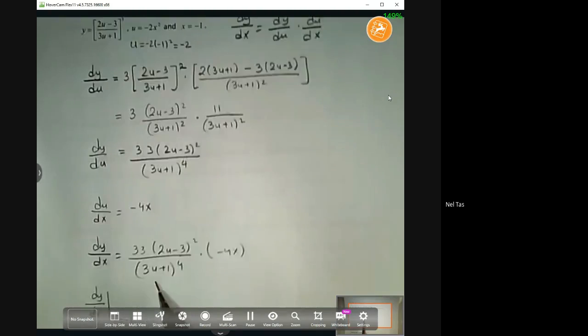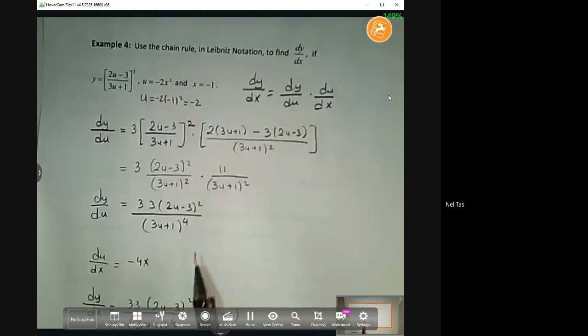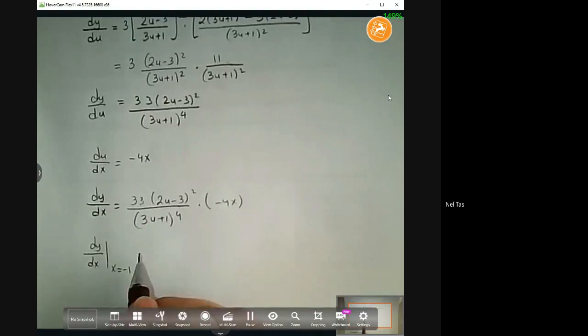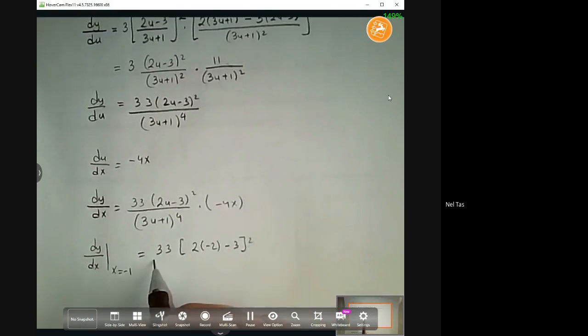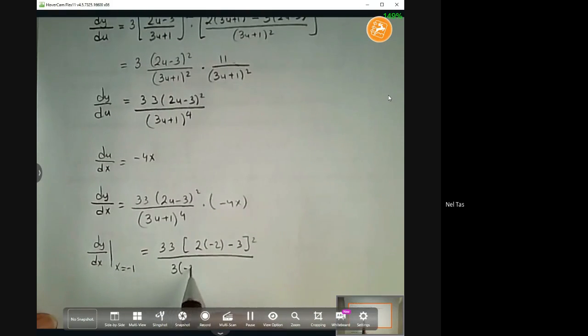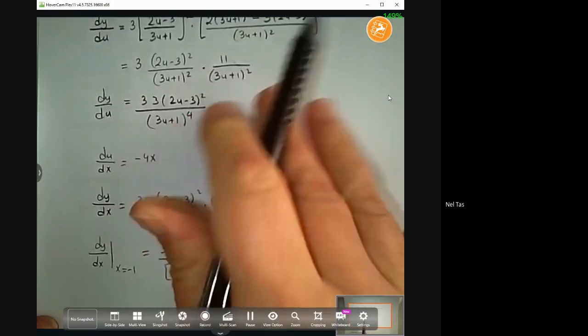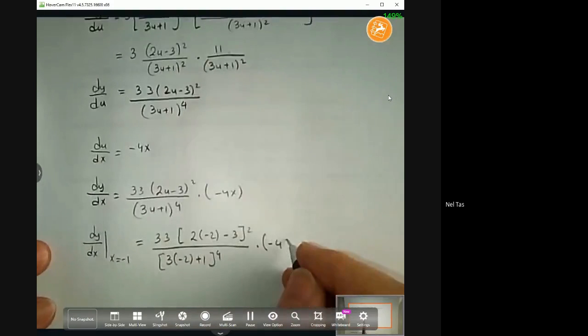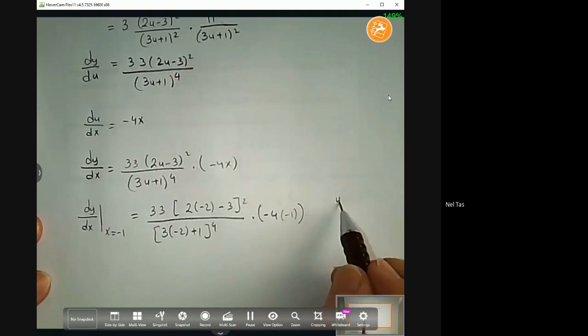That means as I substitute negative 1 for x, I'm going to substitute negative 2 for u. So 33, (2 times negative 2 minus 3) squared over (3 times negative 2 plus 1) to the power of 4, times negative 4, and x is negative 1. Okay, so again, we do it for u equals negative 2, x equals negative 1.